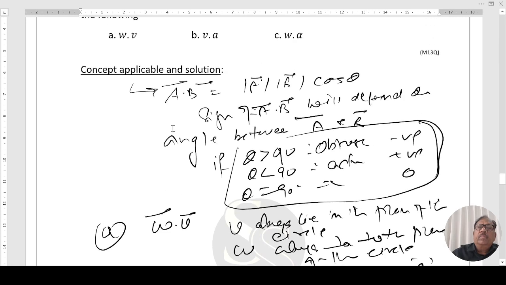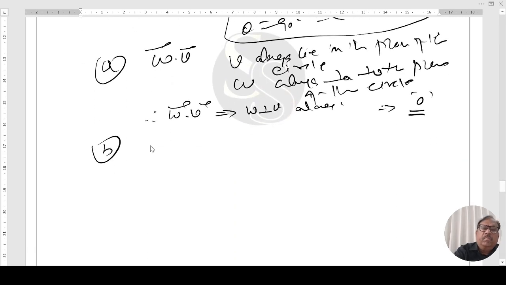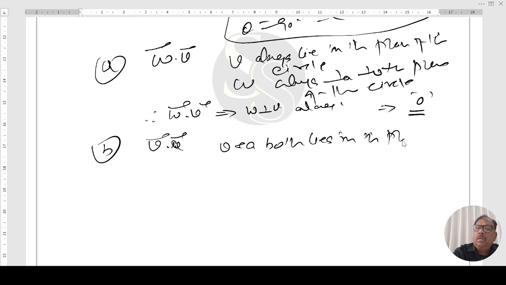B part is v dot alpha. V and a both lie in the plane of the circle.